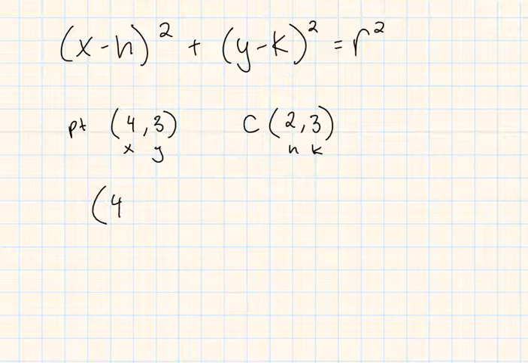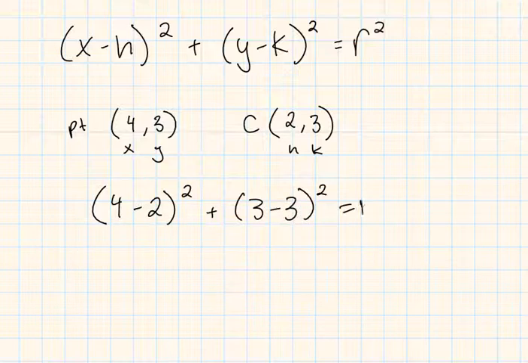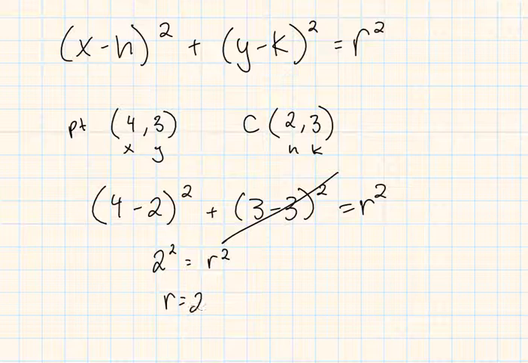So I get (4 - 2)^2 + (3 - 3)^2 = r^2. This piece disappears because it's 0 squared, or 0. This becomes 2 squared equals r squared. Therefore, r has to equal 2. That is one part.